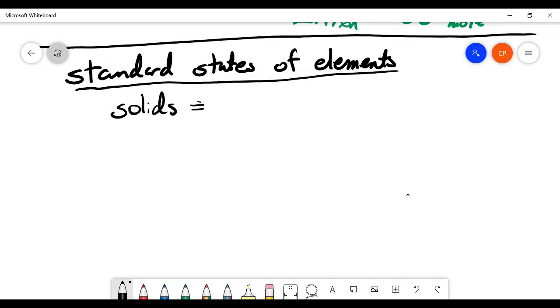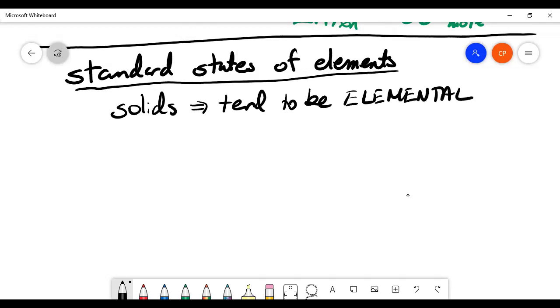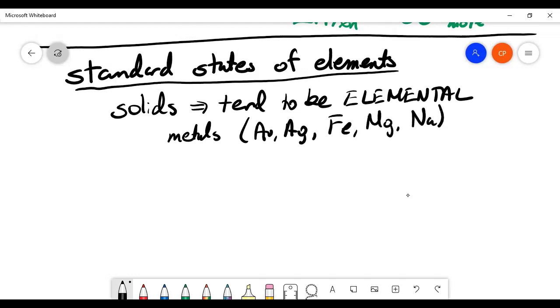Solids in the periodic table tend to be elemental. And that's true whether those solids are metals, and a metal could be anything from gold and silver to iron to magnesium, even to the alkali metals like sodium.